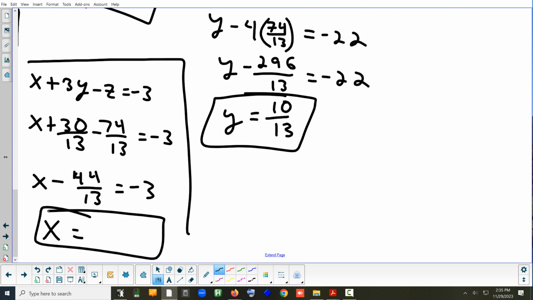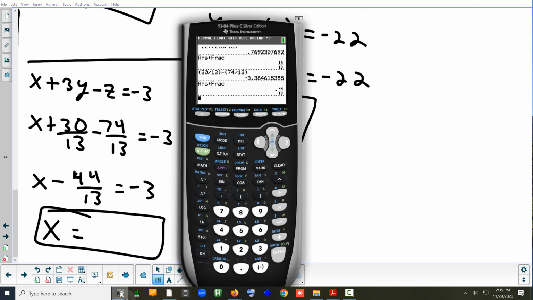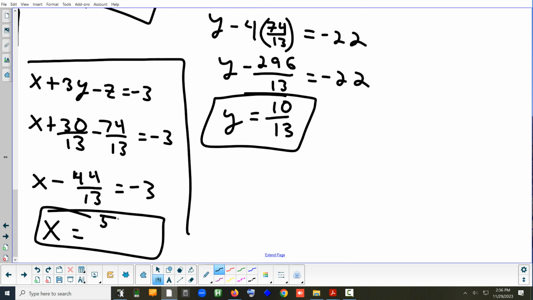And my last step: take negative 3 and add 44/13. Again, it looks like a messy number, but I'm just going to change it. 5/13. So I wouldn't expect a lot of them to be fractions, but it is possible you get one that's a fraction.